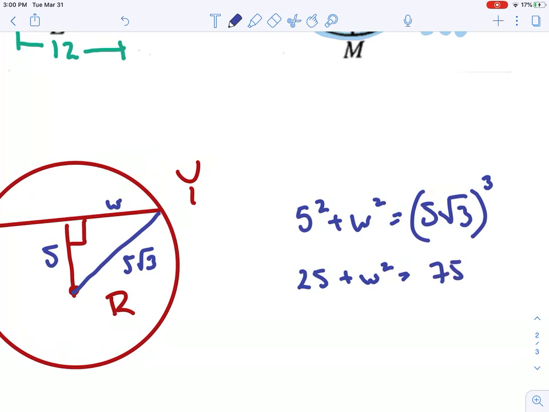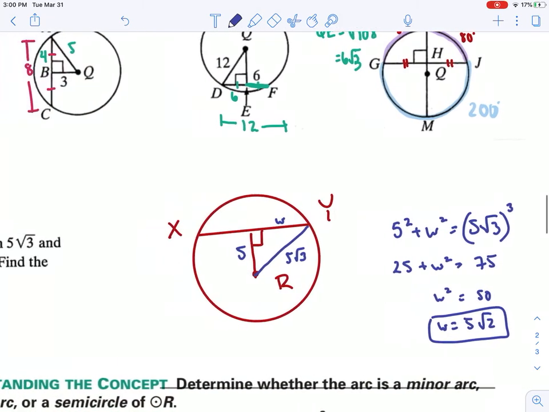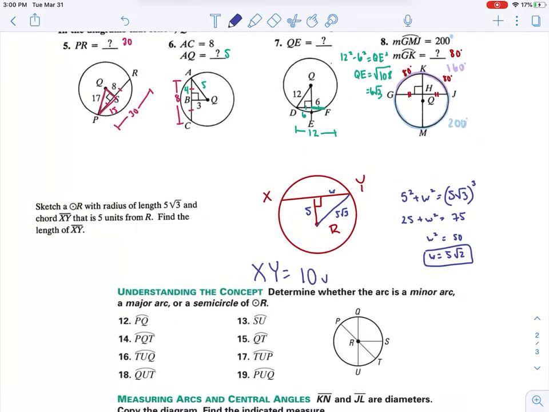That's 25 times 3, 75. W squared is 50. W is 5 square root 2. And make sure I answer the question. The question is XY. XY would be 10 square root 2 units.